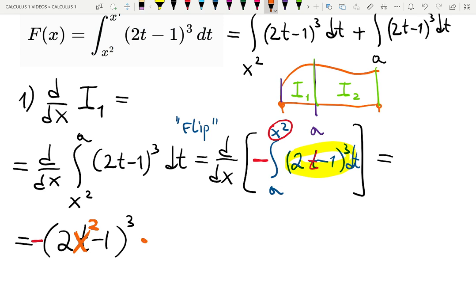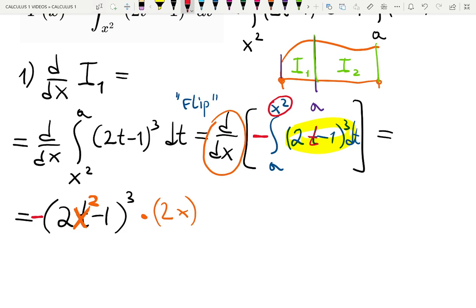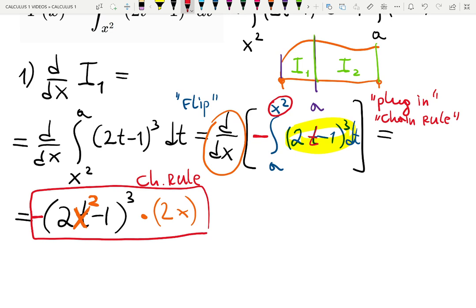So by the chain rule, since we're differentiating, we need to differentiate x squared. So we have 2x at the end. This step required the chain rule. So I would say plug in, and chain rule. That's what I did in the very last step. And this is the answer for the first integral.